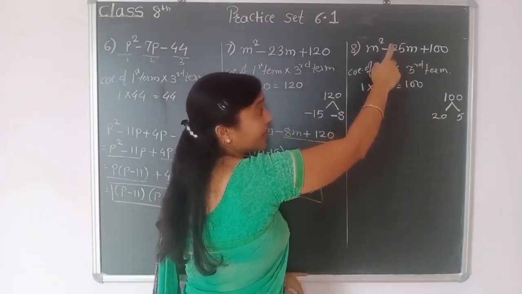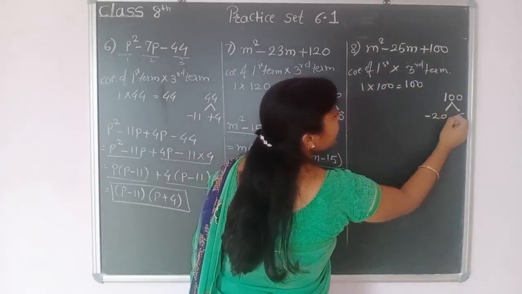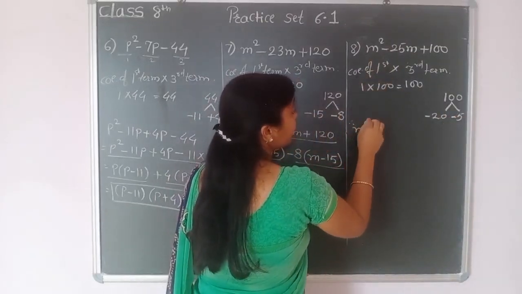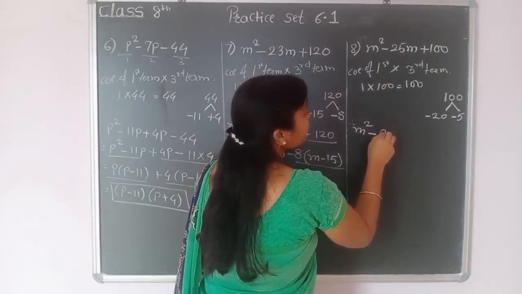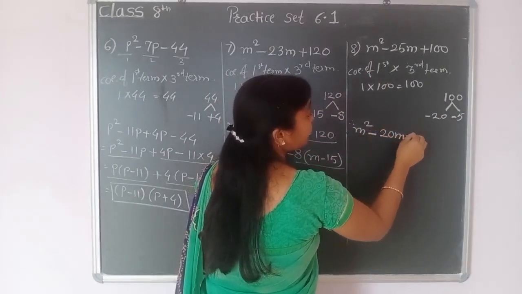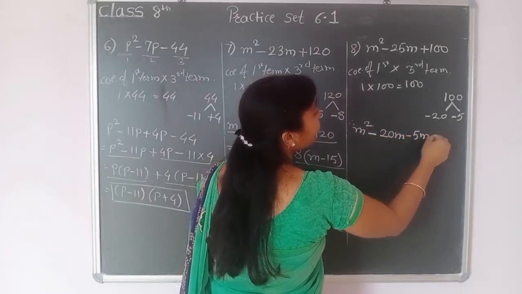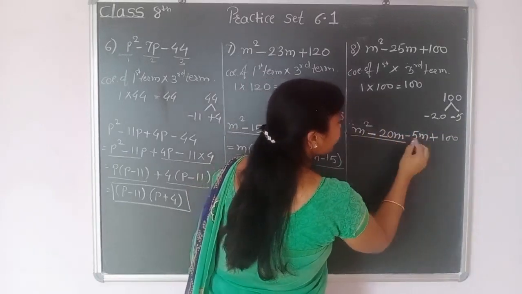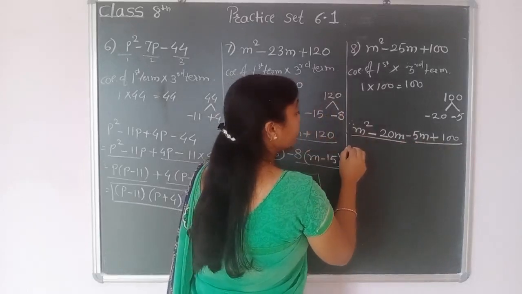But here is the minus. So minus minus sign. Then find out the factors. M square minus 20m minus 5m plus 100. Make the pairs.